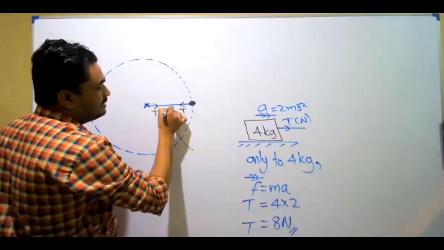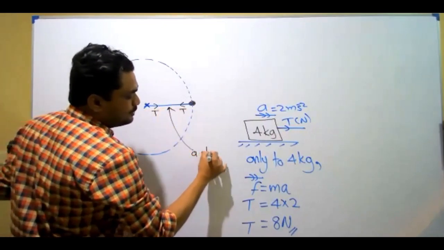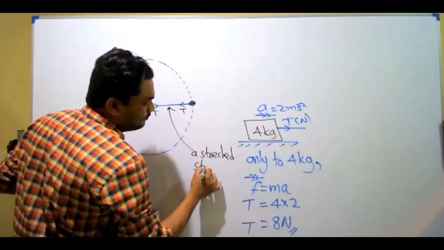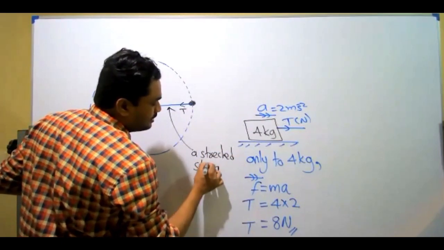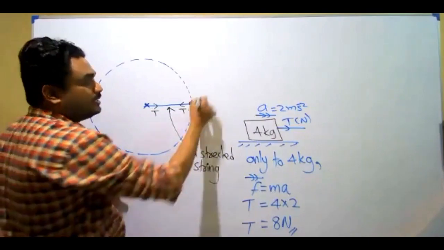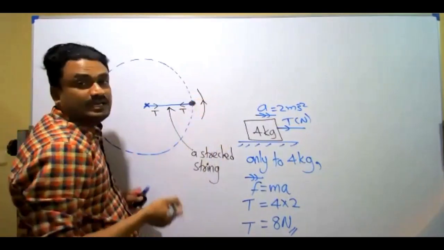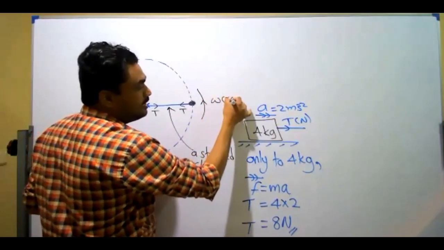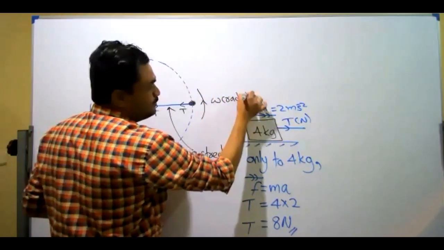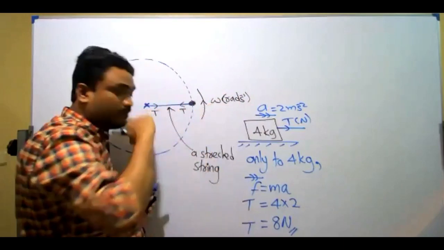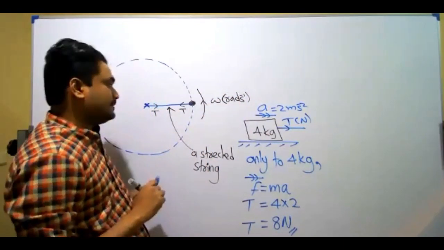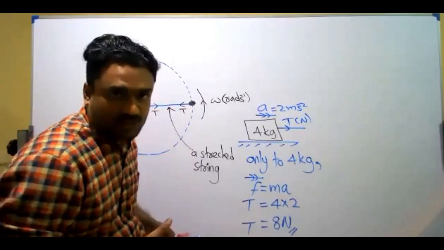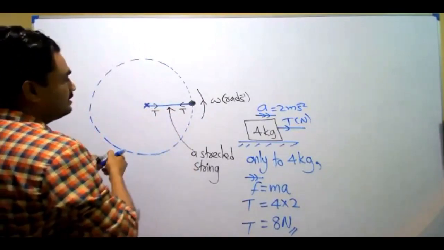So this is a stretched string. Let's say it's moving along the circular path with an angular velocity of omega radian per second. As the string is stretched, there are tension forces.